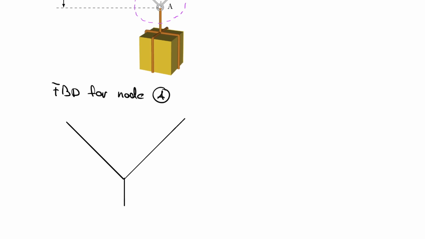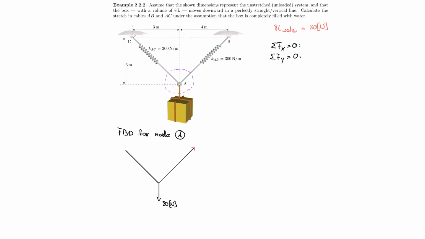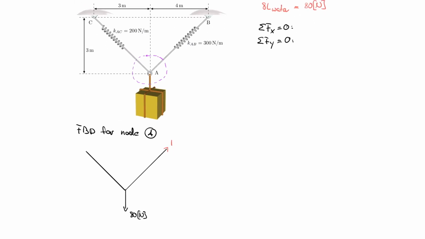And I believe we said that we have 80 Newton acting on the system. Now my unknown here would be FAB. And I have an unknown here, which is FAC. And I need components. So let's add those components. And vertical components.